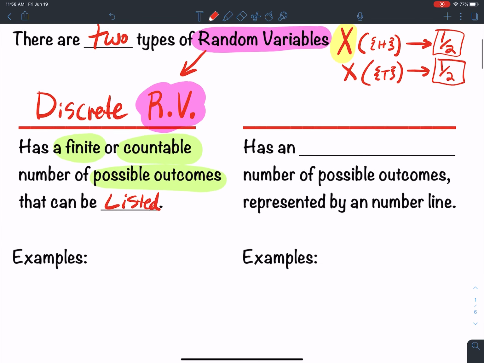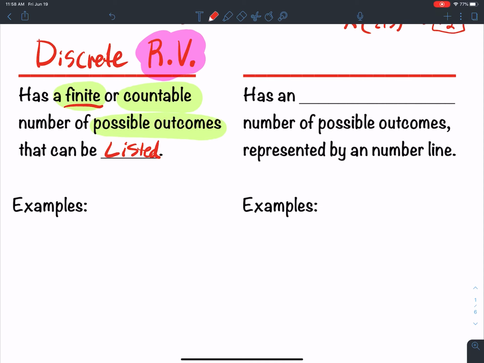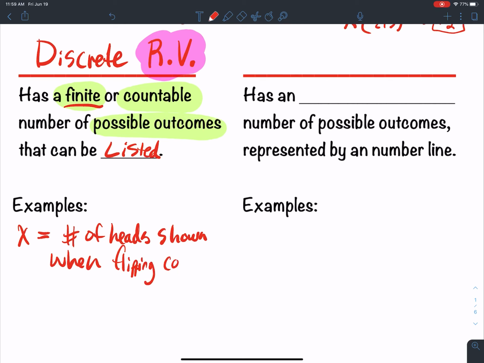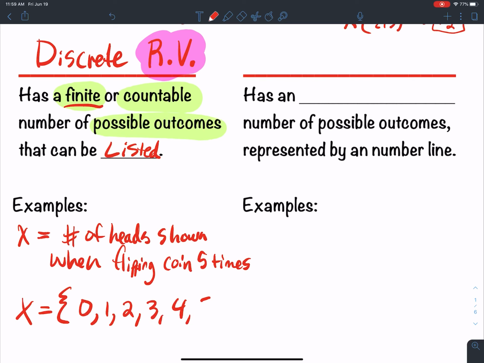Listed. So an example of discrete, which is finite, say x is the random variable and it represents the number of heads shown when flipping a coin five times. So if I write out the whole sample space for the random variable, if I flip a coin 5 times, I can either get 0 heads, 1 heads, 2 heads, 3 heads, 4 heads, or 5 heads.